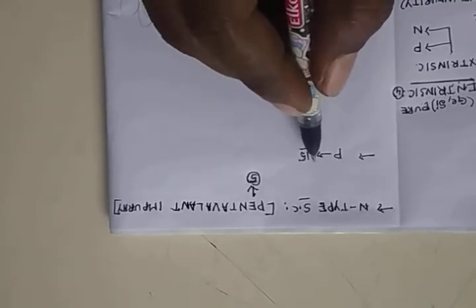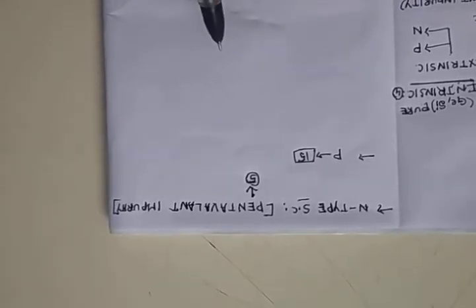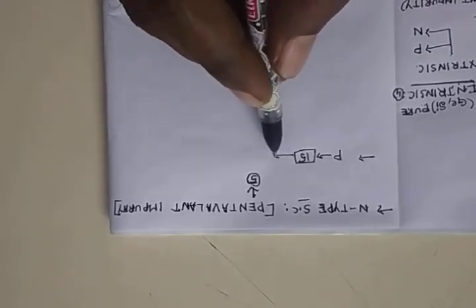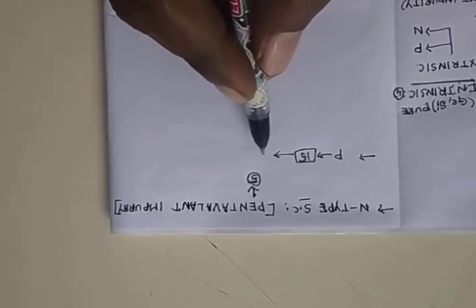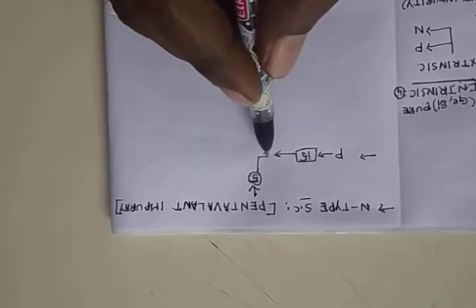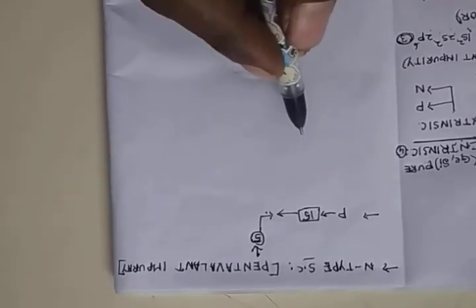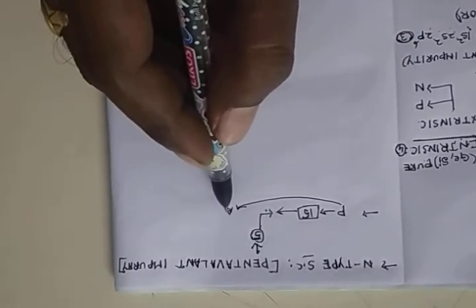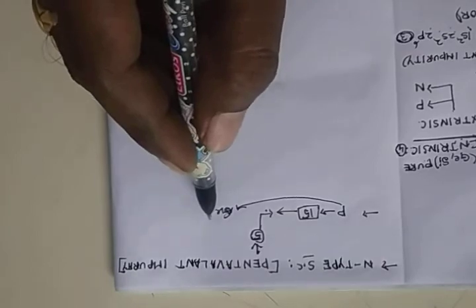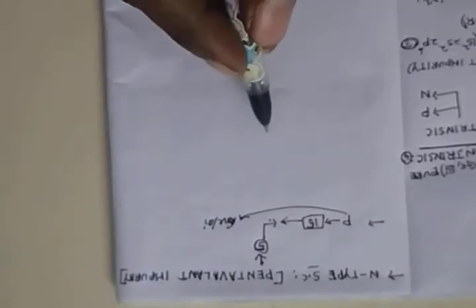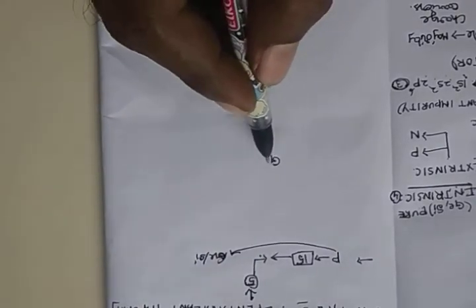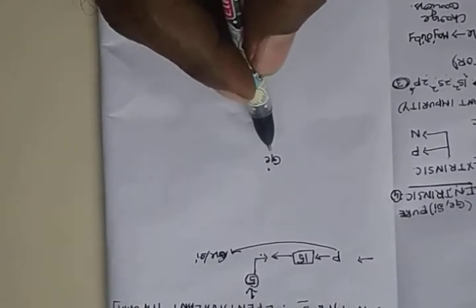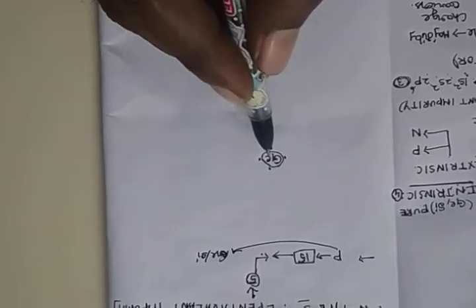In phosphorus, the electronic configuration contains 5 valency electrons in the outermost orbit, so this phosphorus is added with germanium or silicon. Then you can draw the diagram like this. This is the germanium which contains 4 valency electrons.